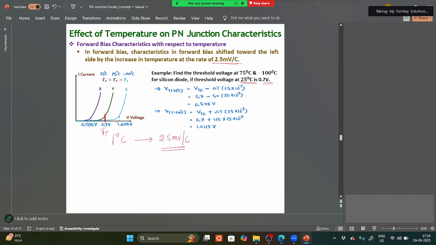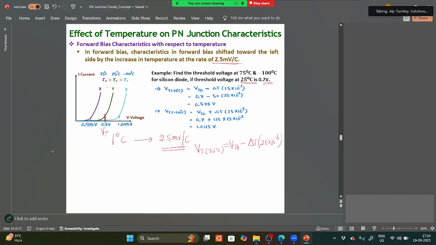Vt is the threshold voltage. So this is the formula: Vt at 75 degrees Celsius is equal to Vt naught minus delta T into 2.5 into 10 power minus 3.